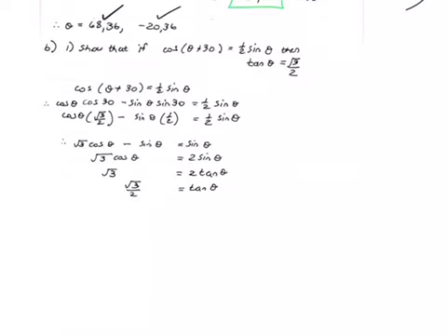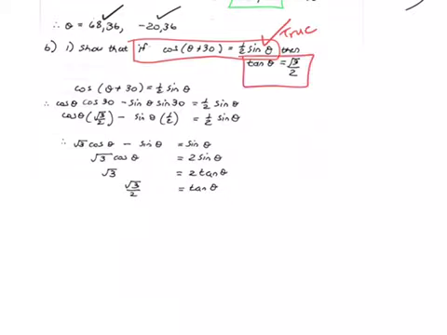All right, for the next one, they're saying show that if cos(30 + theta) equals a half sine theta, that means that is true, then we can get to tan theta equals root 3 over 2.